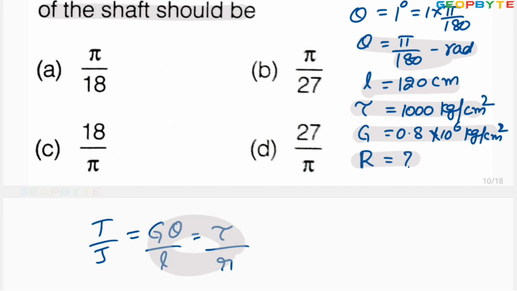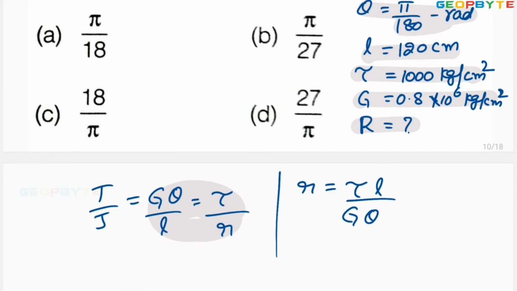From this relation I can write that radius of the shaft R equal to tau into L by G into theta. Now let us put the values. Shear stress is 1000 kg per cm square into length is 120 centimeters, divided by G, 0.8 into 10 raised to 6 multiplied by theta, pi by 180.